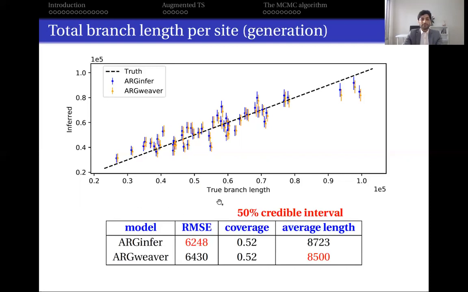I've also reported some statistics for these. The first is RMSE, root mean square error. ARGinfer has smaller RMSE. The coverage is similar, and for the average length, ARGweaver has a smaller average length. This coverage and average length are for 50% credible intervals.